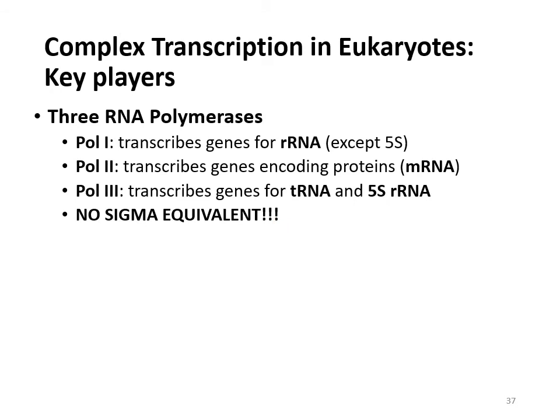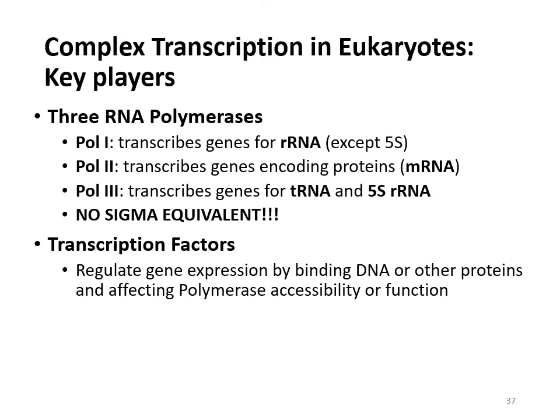Why is that significant? Well, in prokaryotes, what does sigma do? Sigma sees the promoter. It allows RNA polymerase to bind to the promoter and start transcription. Eukaryotes do not have that. So instead of sigma, eukaryotes need a series of transcription factors.